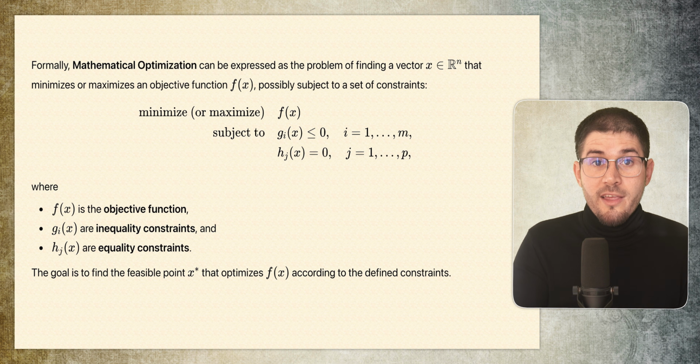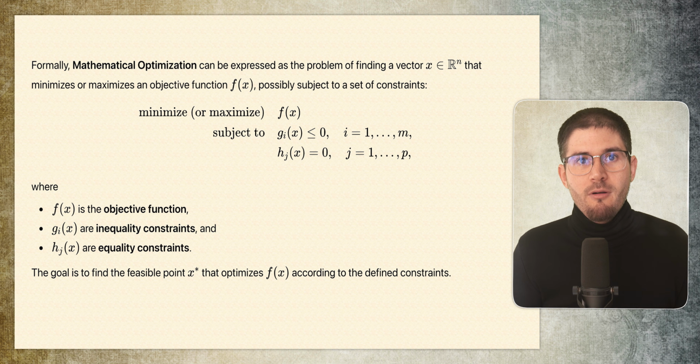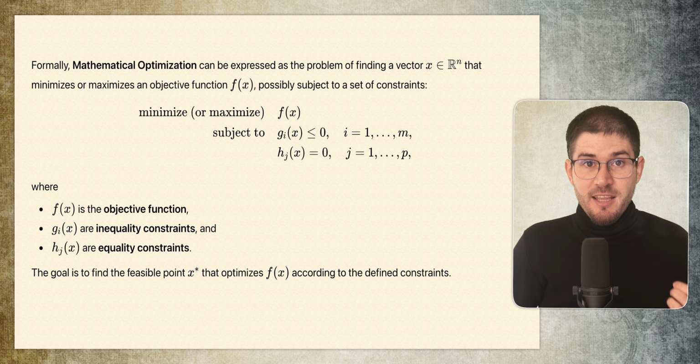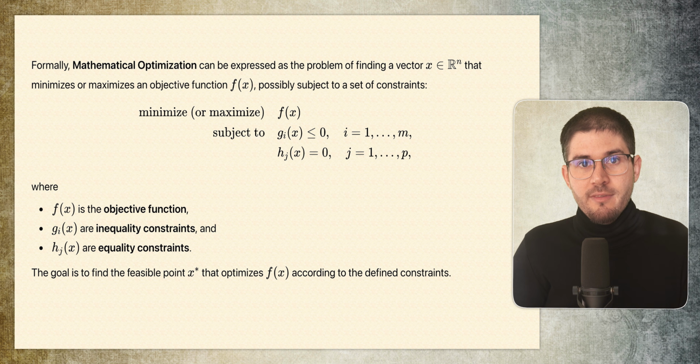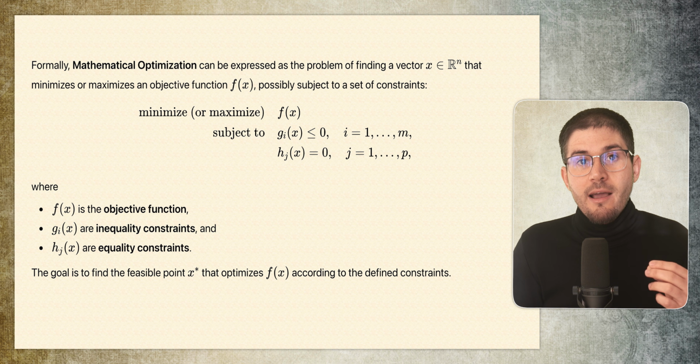Now, let's talk about how to get to those solutions. Before large language models, we already had powerful methods to handle planning problems. We refer to these methods as mathematical optimization. It is a family of techniques for finding the best possible combination of variables that minimizes or maximizes an objective function f(x), possibly subject to a set of equality or inequality constraints.